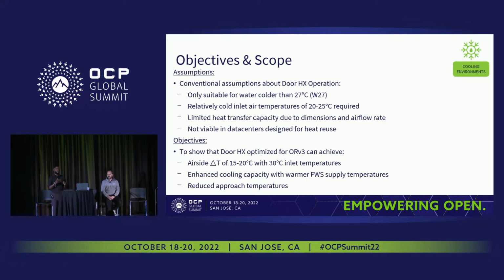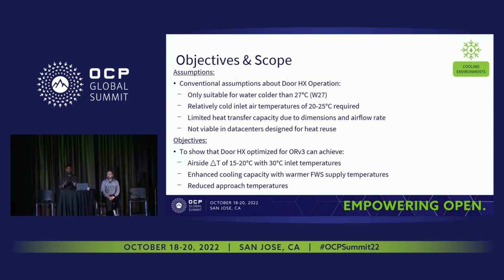At the next level, we had to tackle some of the assumptions around usage of door heat exchangers in a data center facility. One of the first assumptions was that you need very cold water, so below W27, or below 27 degrees Celsius, and that you also need very cold air.